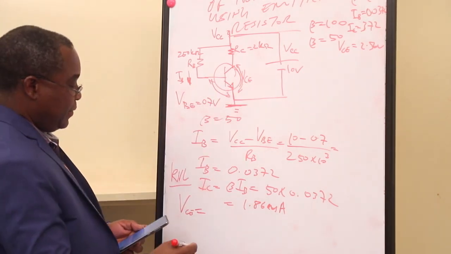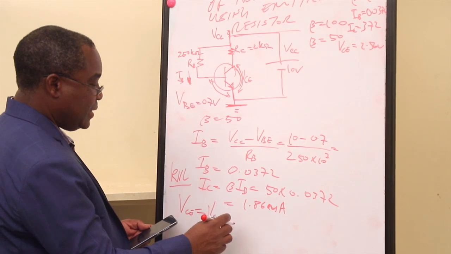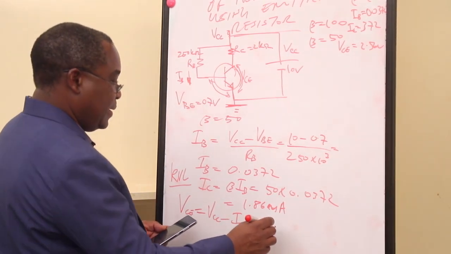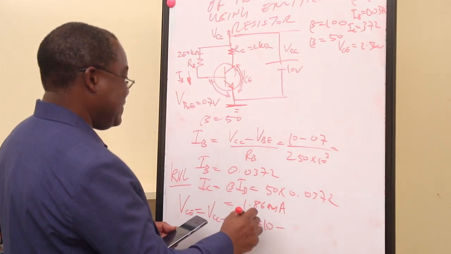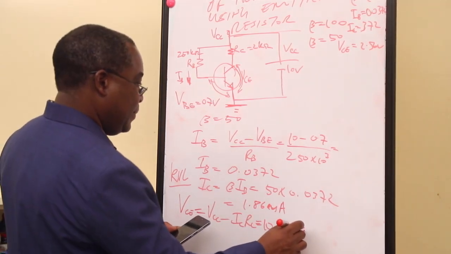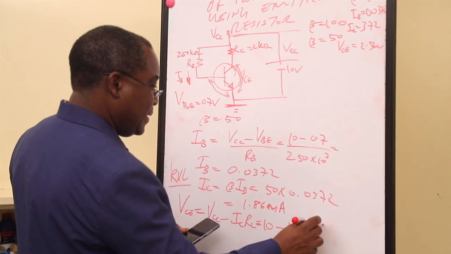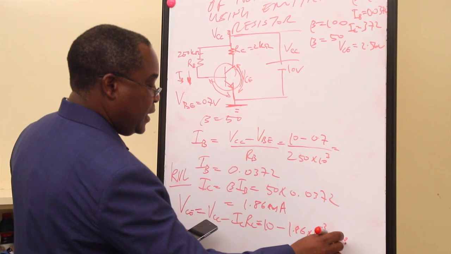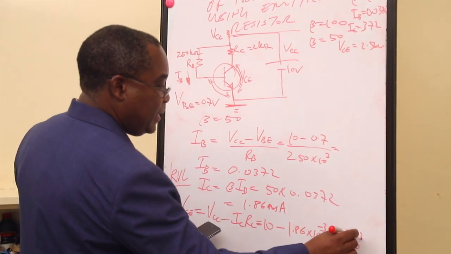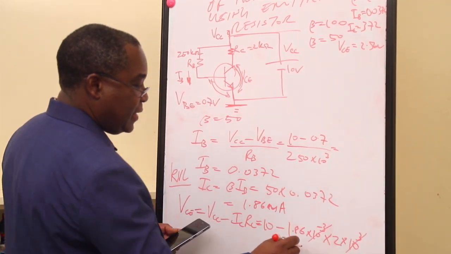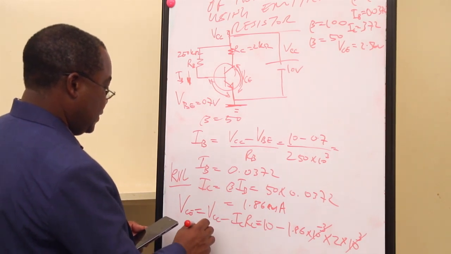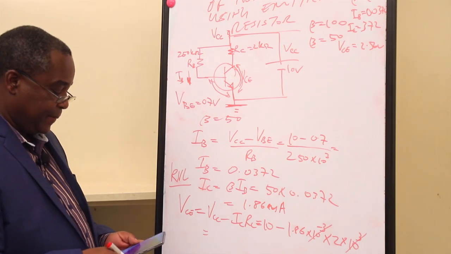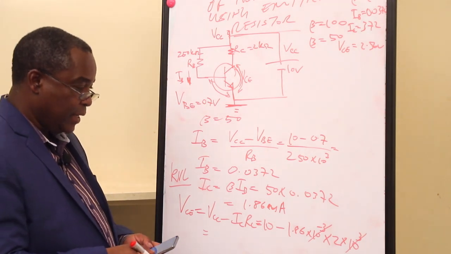VCE is equal to VCC minus IC RC, which is 10 minus IC, 1.86 milliampere, 10 to the power minus 3, times RC is 2 kilo ohms, which is 10 to the power 3. These are cancelling each other. Then it's just normal algebra. By using a calculator, we'll see how much we have.